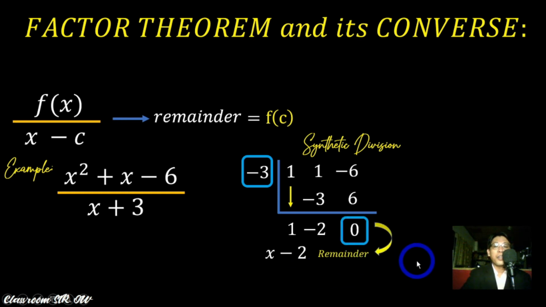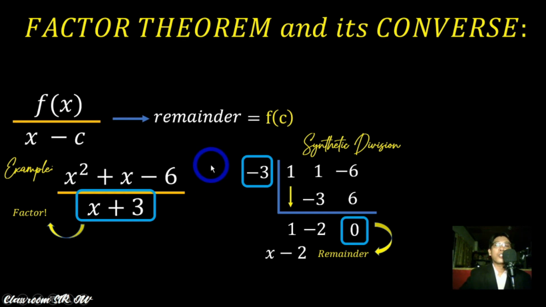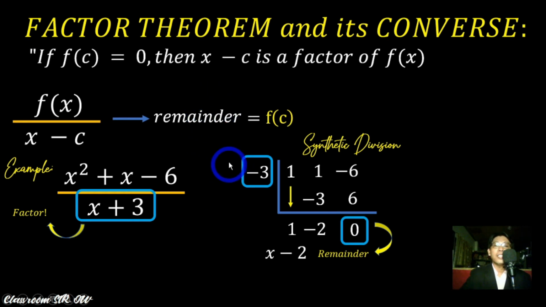Once the remainder is 0, it means that x plus 3 is a factor of x squared plus x minus 6. That leads us to the definition of the factor theorem, which states: if f of c, which is our remainder in the remainder theorem, is equal to 0, then x minus c is a factor of f of x, the given polynomial function.